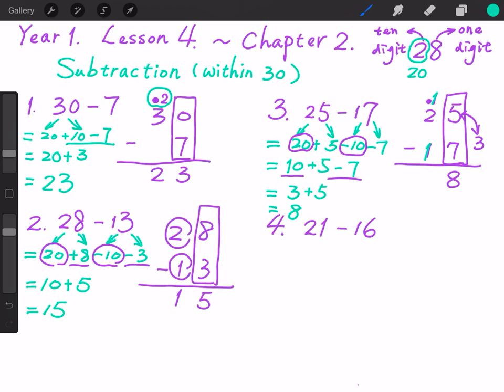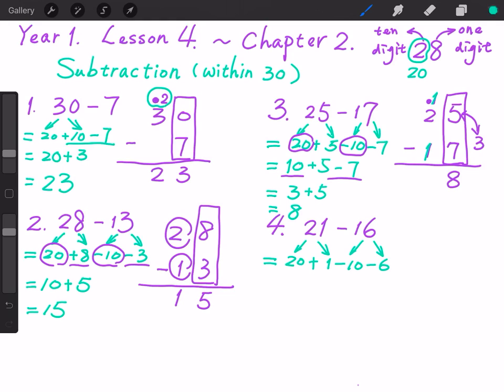All right, last question for Chapter 2. Question 4. 21 minus 16. Again, first option, we break down number 21: 20 and 1. And then we break down number 16: 10 and 6. So 21 minus 16 equals 20 plus 1 minus 10 minus 6.